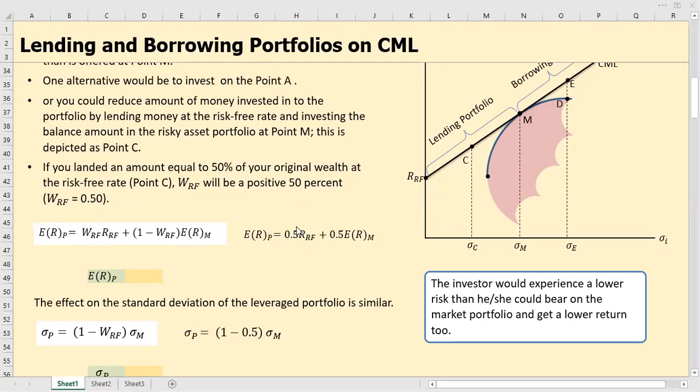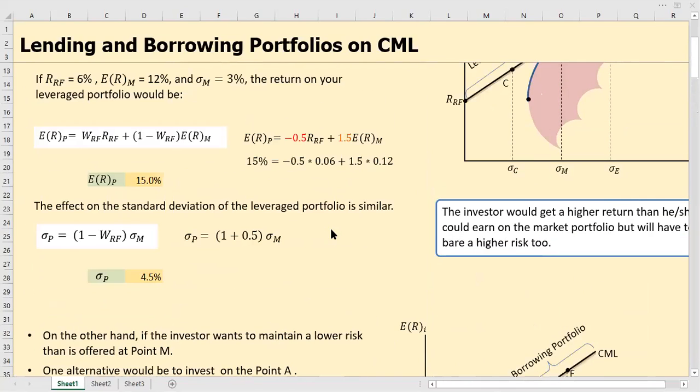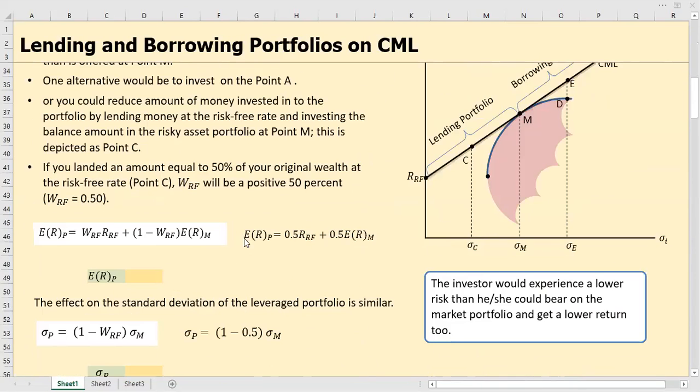So 0.5 multiplied by the risk-free rate plus the rest of 0.5 multiplied by the expected return. Here also our rule is already verified because 0.5 plus 0.5, again it is equal to 1. Earlier also it is the same case. Negative 0.5 plus positive 1.5, that means it is equal to 1 also, right? So I am going to calculate the value here. It is pretty easy for us to calculate now.